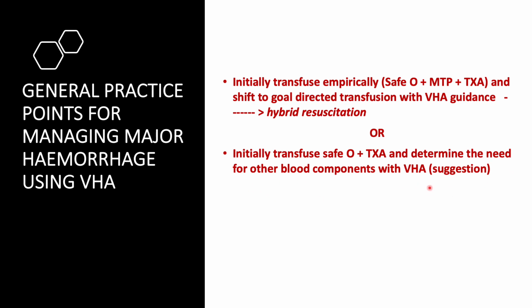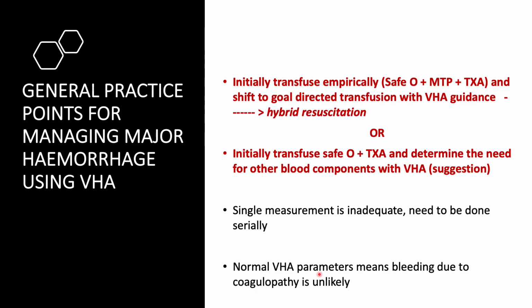I would name this rapid transfusion protocol. A single measurement is inadequate. VHA needs to be done serially in order to look at how the patient responds and to further guide therapy. Normal VHA parameters mean bleeding due to coagulopathy is unlikely and the patient might not need any transfusion of blood component.